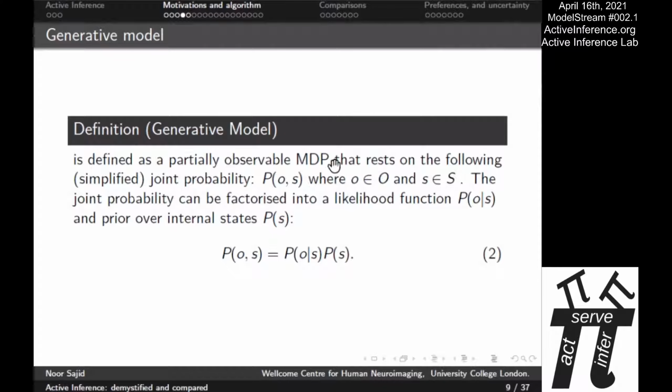And this joint probability over O and S can be factorized into the likelihood function, which is P of O given S, and then the prior over the internal states, which is P of S. So this gives you a very nice formulation that we're going to use in the next couple of slides.